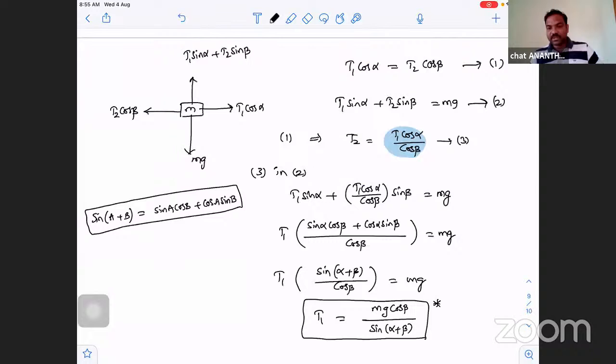So once you know the T1, you can find out the T2 value also. All of you find the T2 value. Yeah, Adil, solve this now. Adil, are you solving? Okay.